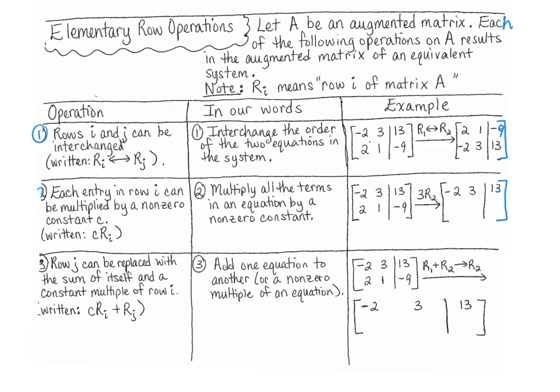That's 1, this is 2, last one is 3. So you can have the operation, what it means in our words, and then an example to go with it. Okay? So elementary row operations. We reserve capital letters for what?